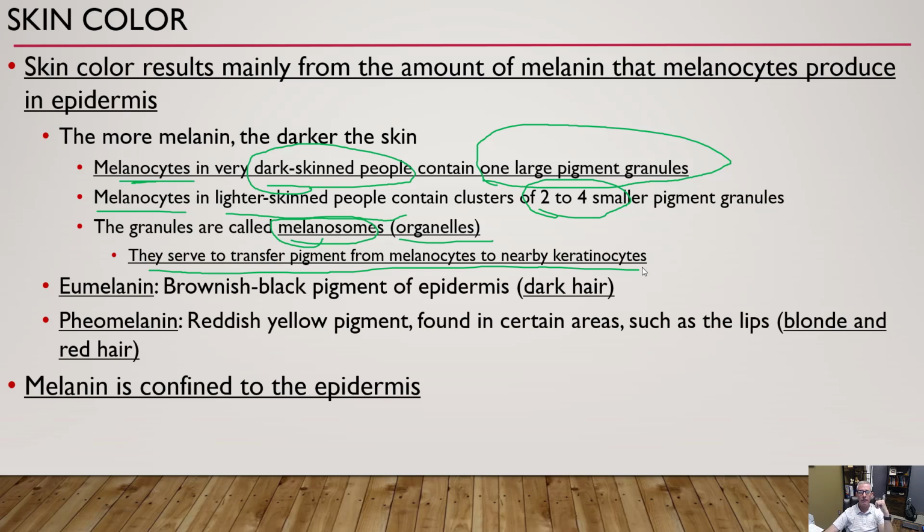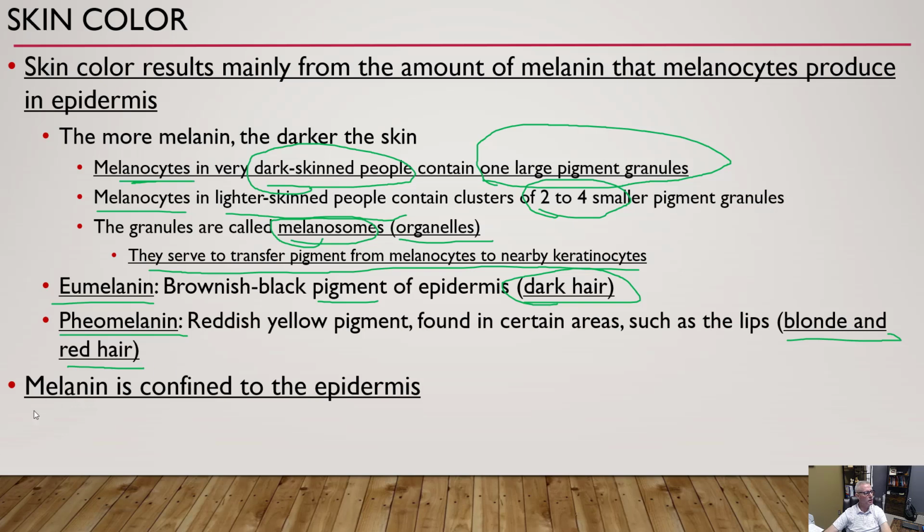We can also look at what our hair color is. Basically, you can look at the pigment. Eumelanin is going to be responsible for dark hair, and this compound called pheomelanin is going to be responsible for blonde or red hair.